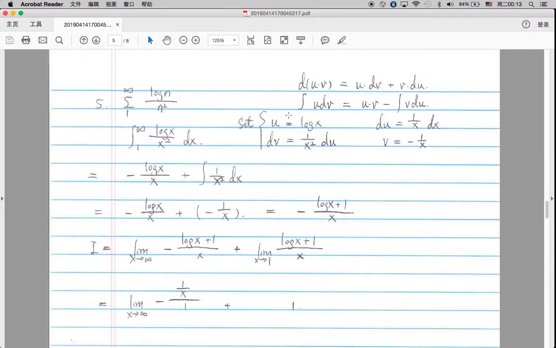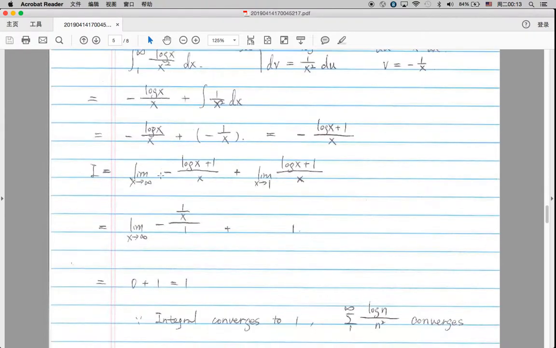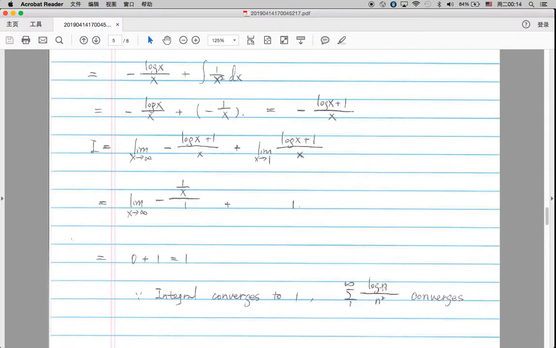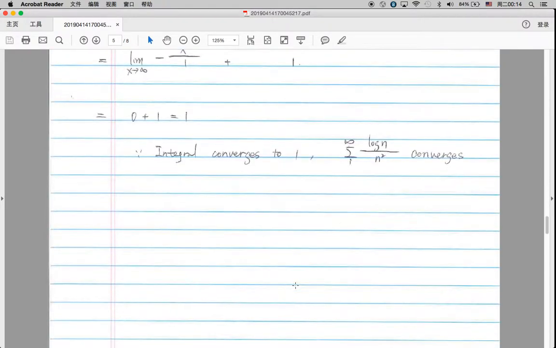Here we use two techniques: one is integration by parts, and the other is dealing with the improper integral, where one of the boundaries becomes infinity. This is another test we use to check for convergence.